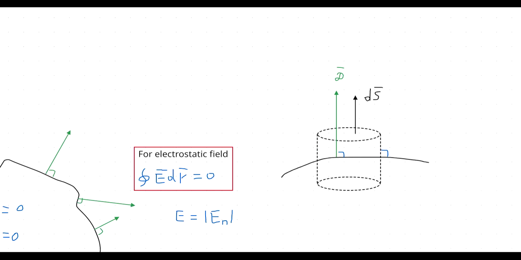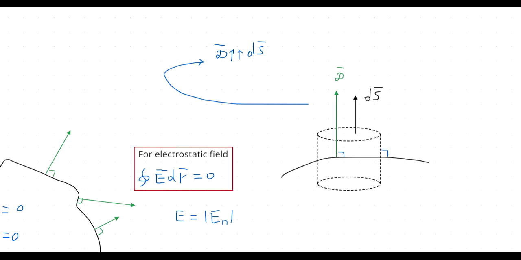And from this picture, the electric displacement vector, or electric induction vector, has the same direction as vector dS, where dS is the area of the upper base of the cylinder.